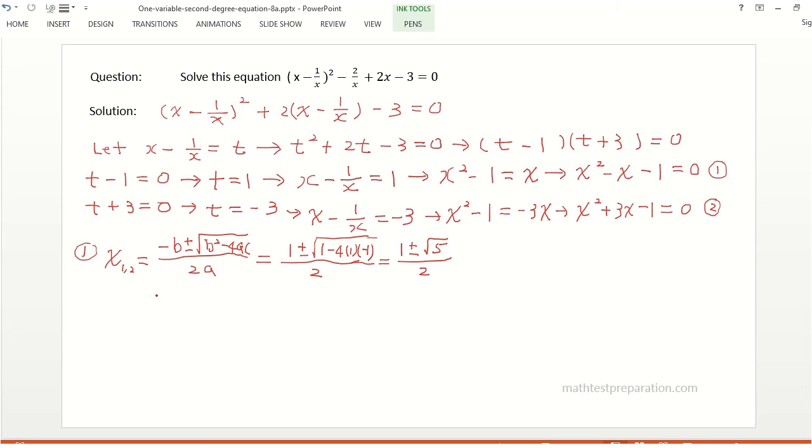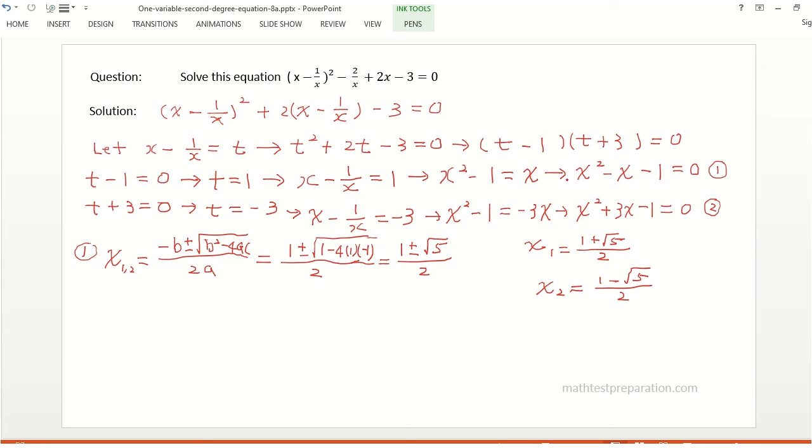So we get two solutions. x1 equals 1 plus square root 5 divided by 2. x2 equals 1 subtract square root 5 divided by 2.